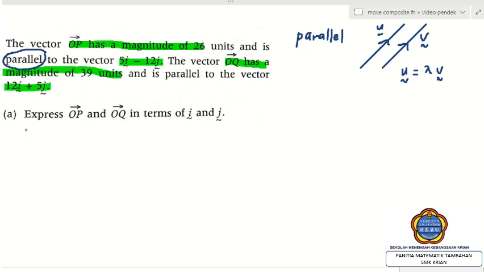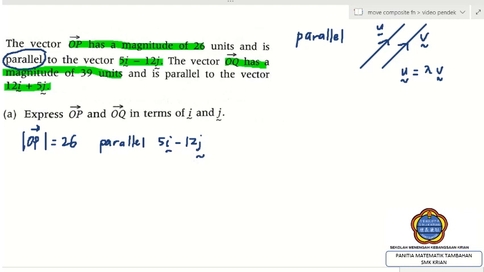OP has a magnitude of 26, so we just write down the magnitude of OP is equal to 26, and OP is parallel to vector 5i minus 12j.